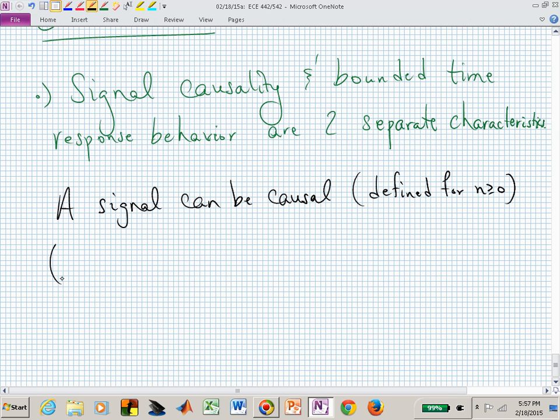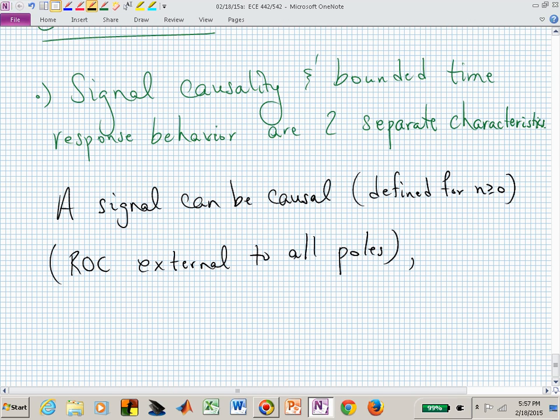What's our region of convergence for a causal signal? Is it inside all the poles or outside all the poles if it's causal? Here we have that expanding region of convergence. The region of convergence is external to all poles.